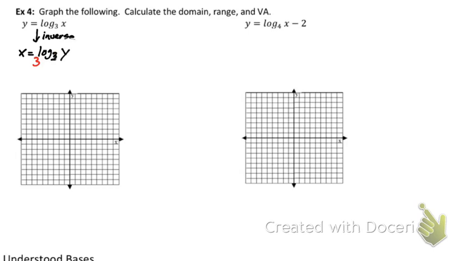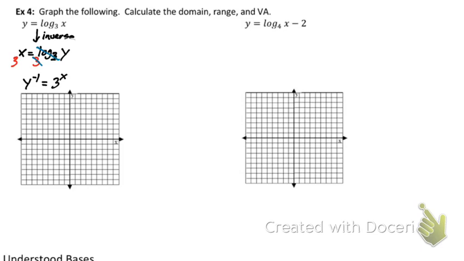I kind of switched them both and left them both x's. Perfect. But we do need to get that y by itself, so that's why I raise it to that exponent with base 3, which means I have to do the same thing to this side. Well, log base 3 and then exponential base 3 are going to cancel out, and I'm going to be left with y inverse equals 3 to the x, because this really is the inverse.